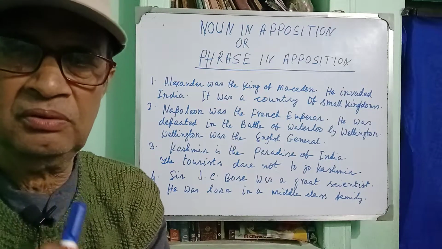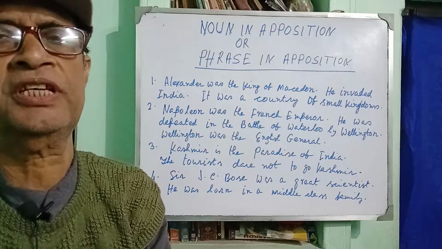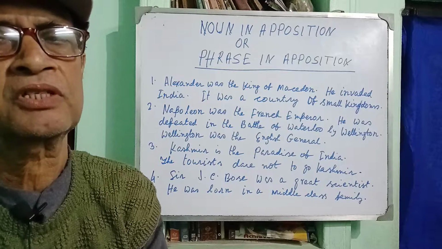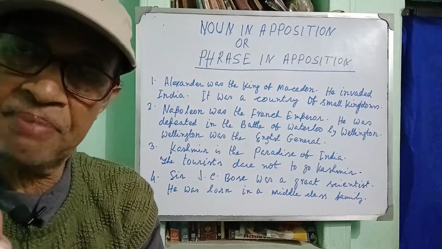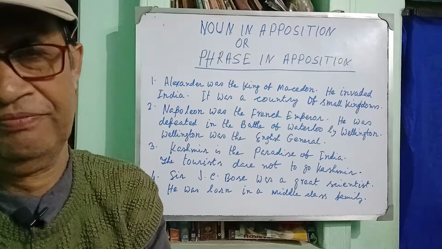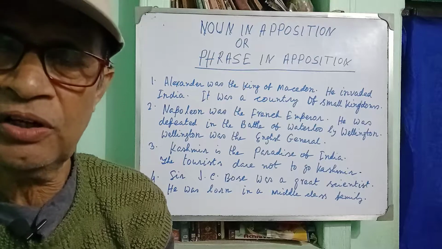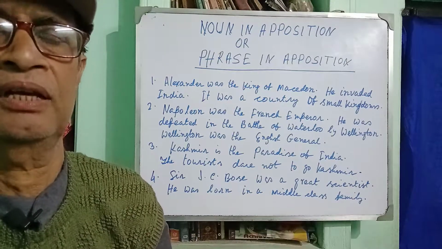So one noun and one noun phrase take their places side by side and suggest the same person or the same object, and taken together they are called noun in apposition or phrase in apposition.